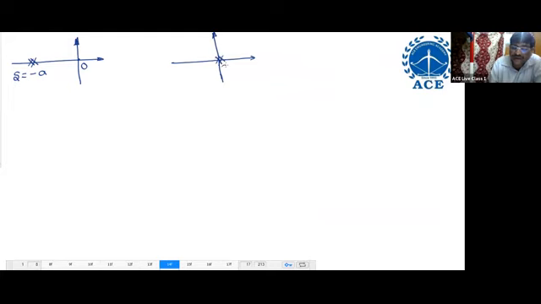Two poles repeated at s equal to 0. Two poles repeated at s equal to plus a. Come on, do it. Do it by yourself.